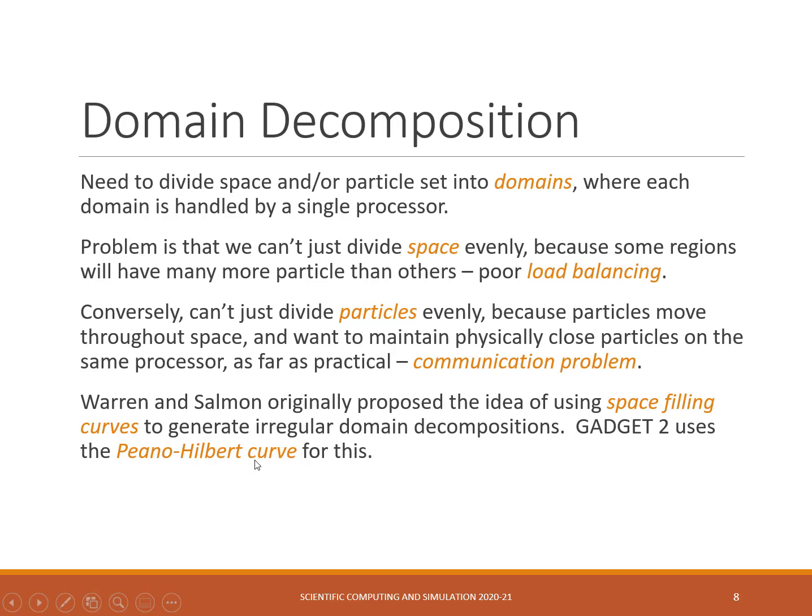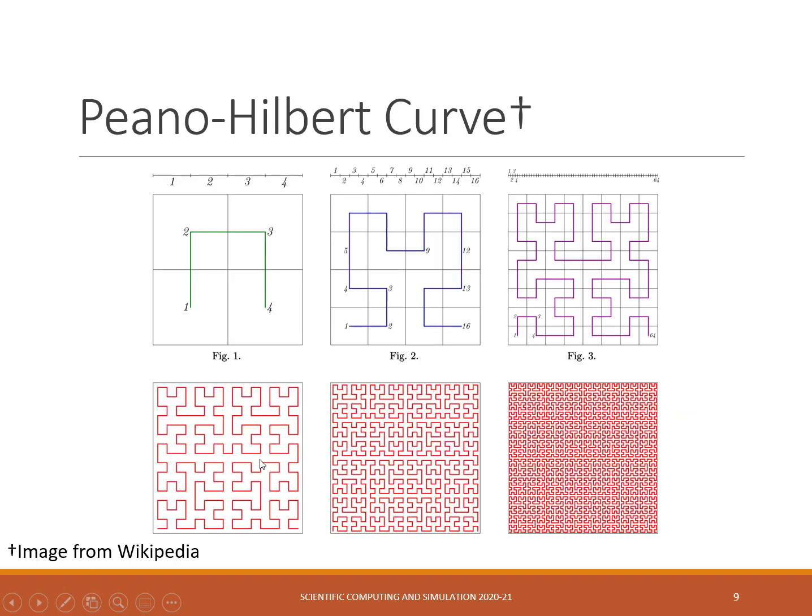In this approach, the simulation space, which can be 2 or 3 dimensional, is mapped onto a one-dimensional curve. This 1D curve is then simply decomposed into partitions that define the individual domains.